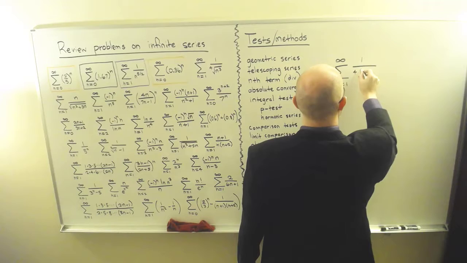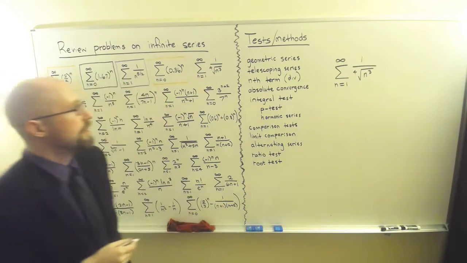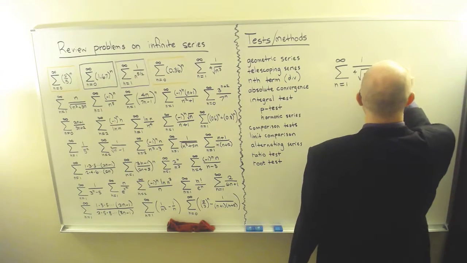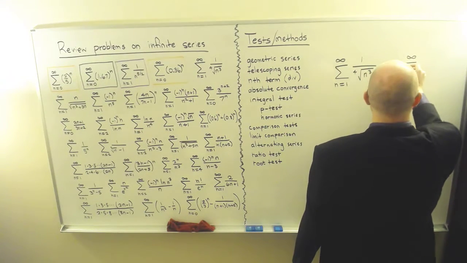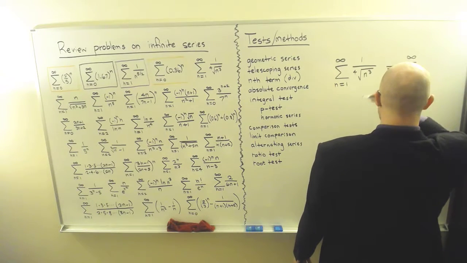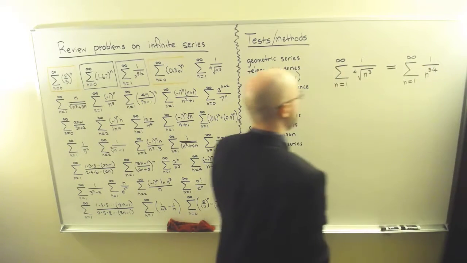This is the way it's originally written, the fourth root of n cubed in the denominator. What does that mean? Well, it just means the sum from n equals 1 to infinity of 1 over n raised to the 3 over 4.